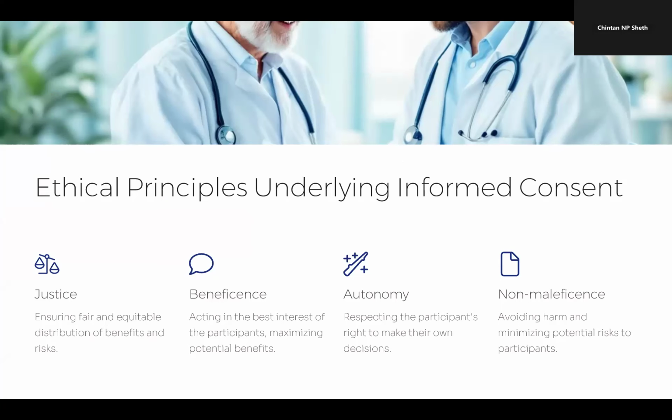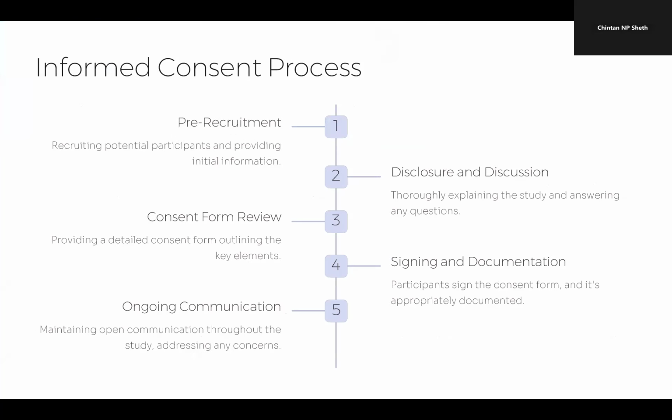It also empowers and gives autonomy to the participants, as the rights of the patients are declared and made understood to the patients, and non-maleficence. That means there would not be any harm, and this transparent discussion of informed consent and documentation of informed consent leads to minimizing potential risks to the patients.